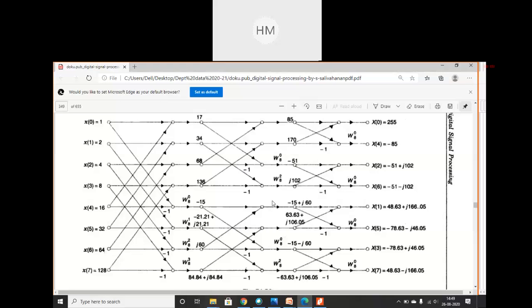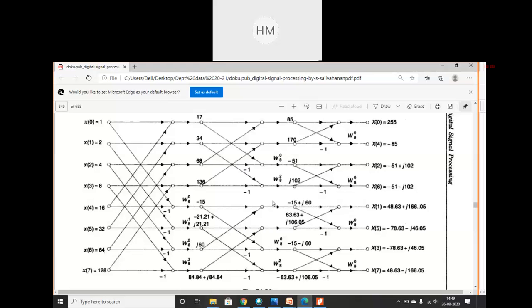So you can see by both the methods you are getting right answers. I matched till X4, all the answers are same. Aditi ka hai DIT, Charu DIT -85. X0 was 255, perfectly same. X1 was same. X2 is same. Now what is the value of X7? X5 is same.